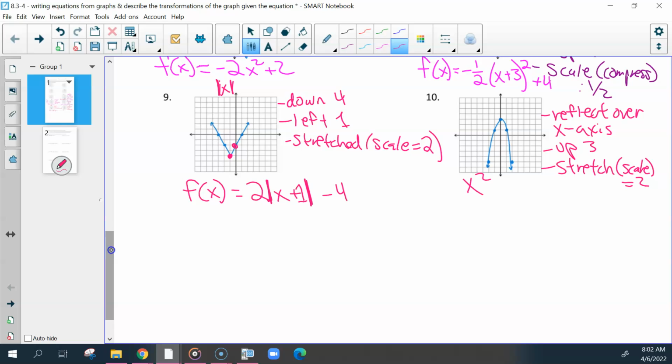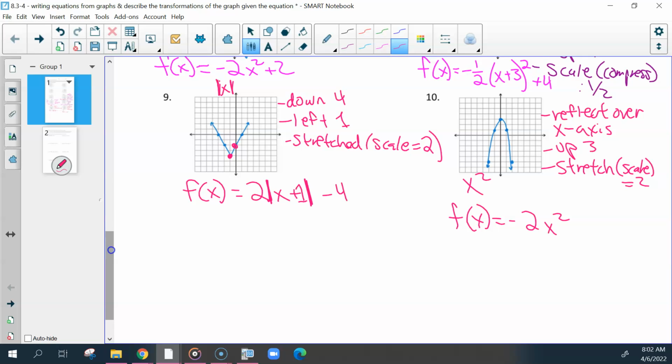So how would we write this equation? Missing something. Negative, and then 2x squared. And this one, no, because reflect over the x-axis is vertical, so that's outside.